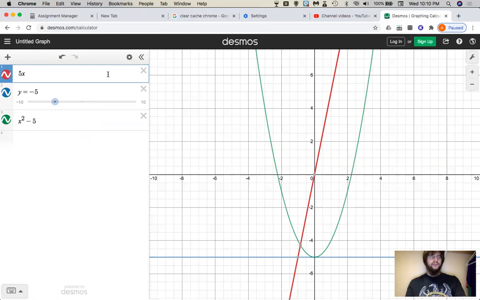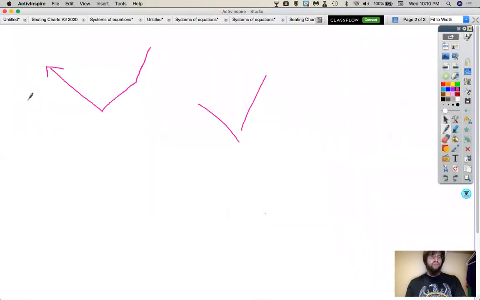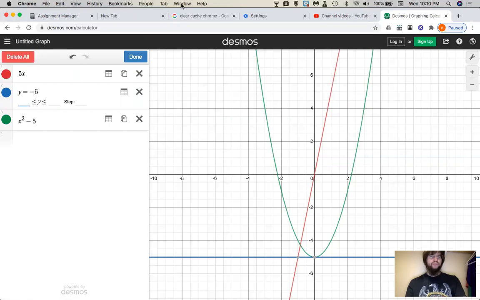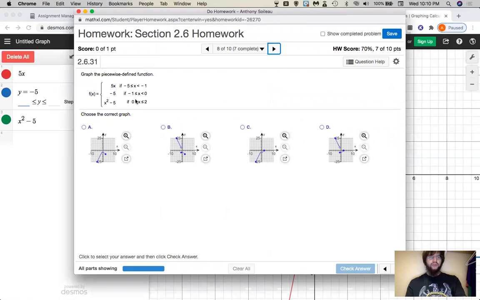I don't usually use Desmos, but here it is. So you can get a picture of each thing, so what they look like. -1 to 0 here.